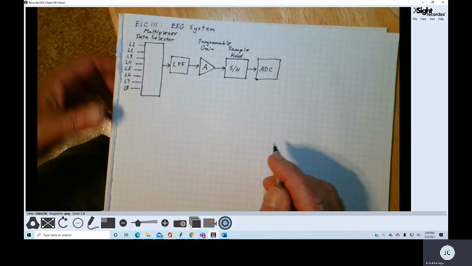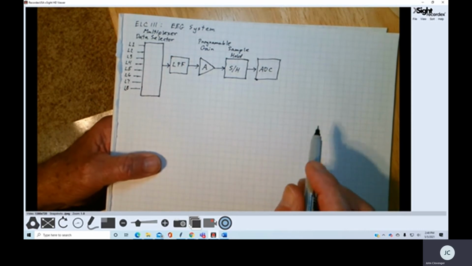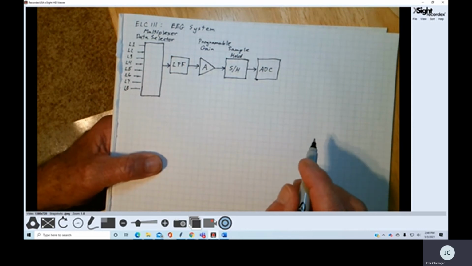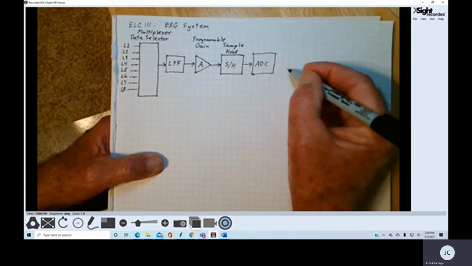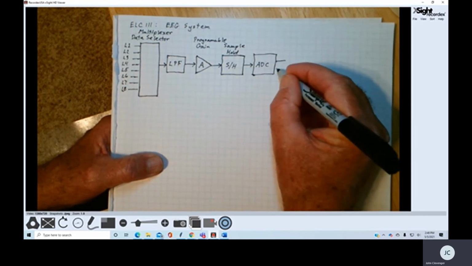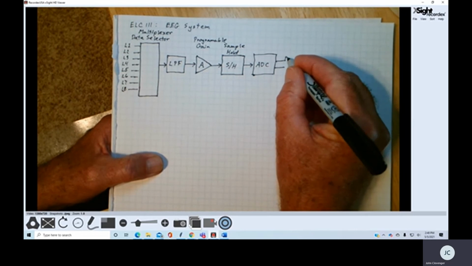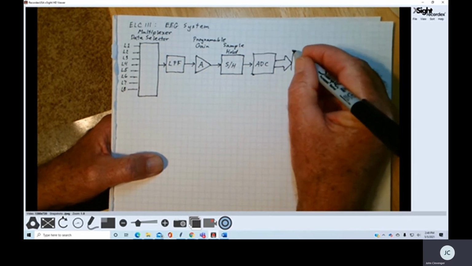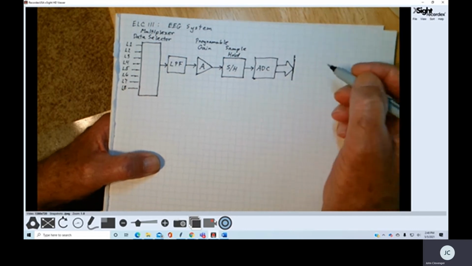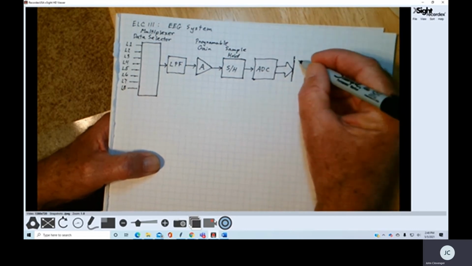And we've talked about the analog to digital converter, how it takes an analog voltage and converts it to a binary value so that we can send it then into our microprocessor or microcontroller. If I've got enough room to write all this in here.